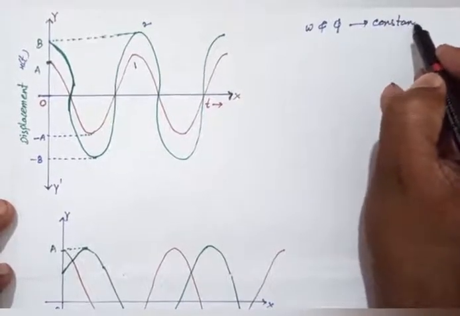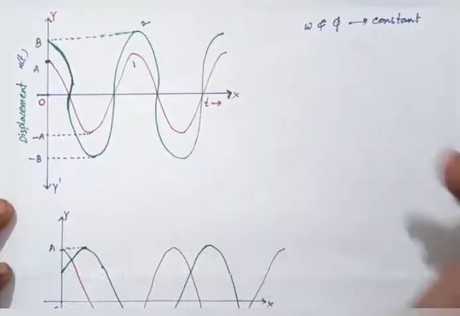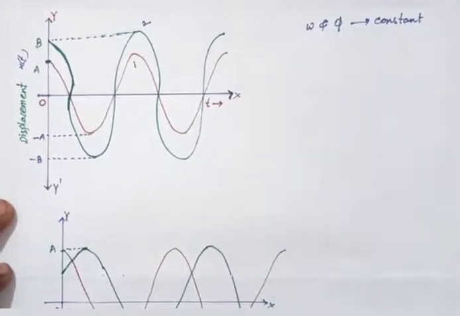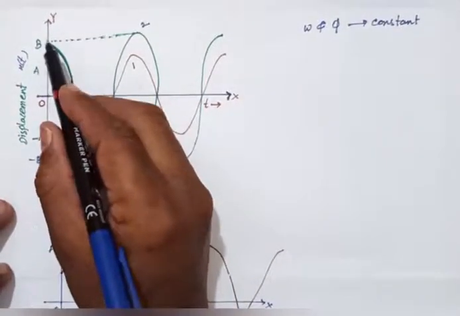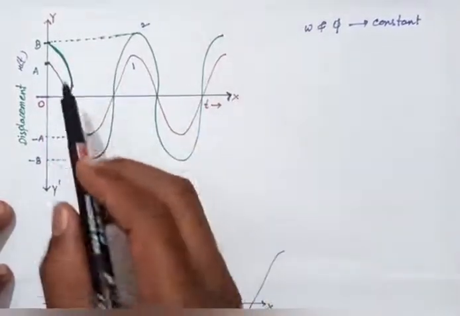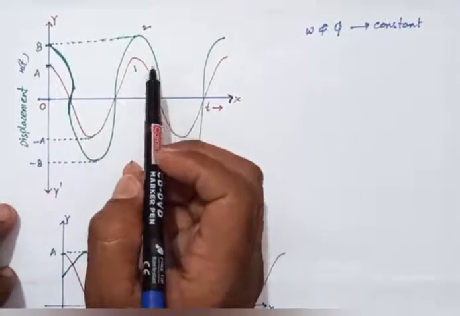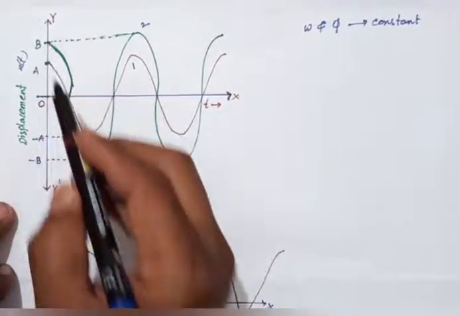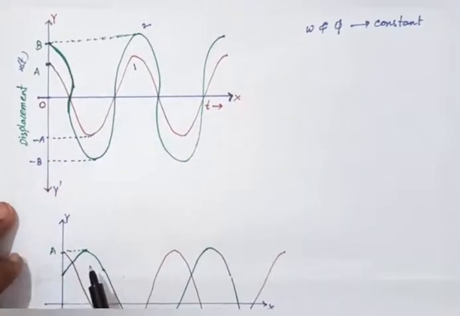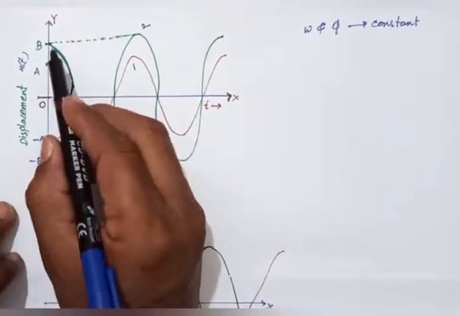So the two simple harmonic motions have different amplitudes.